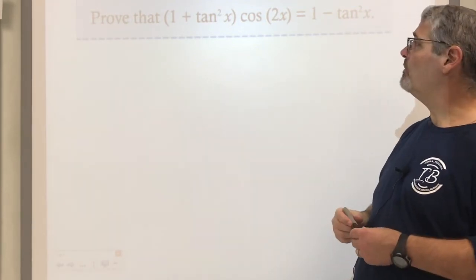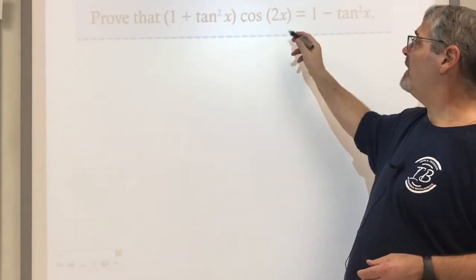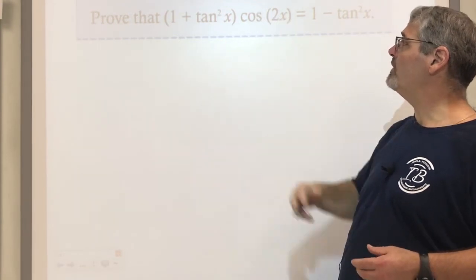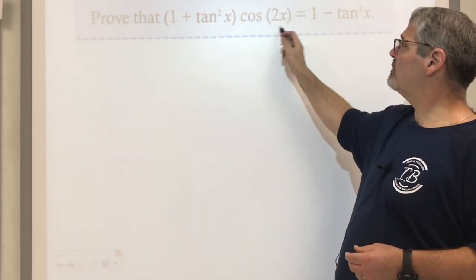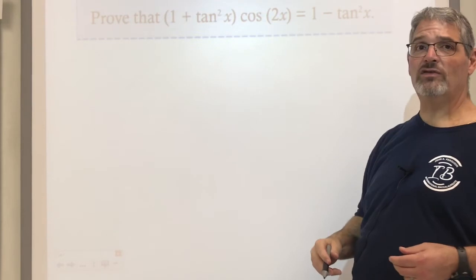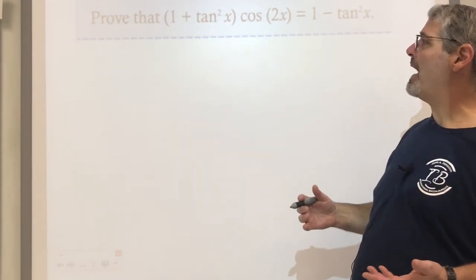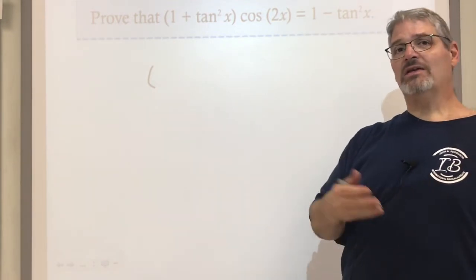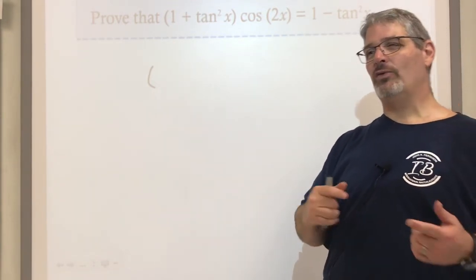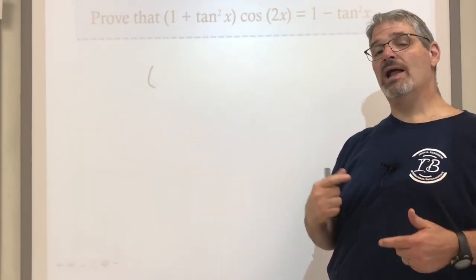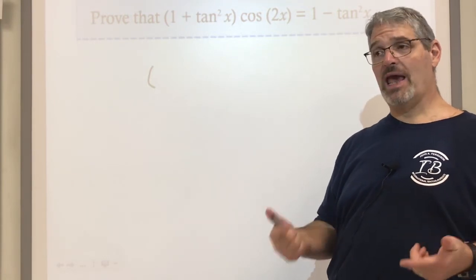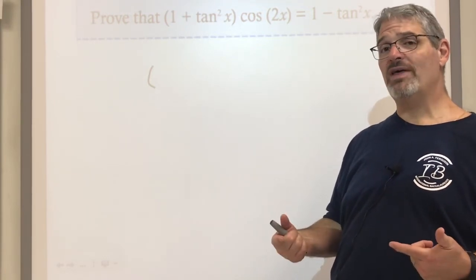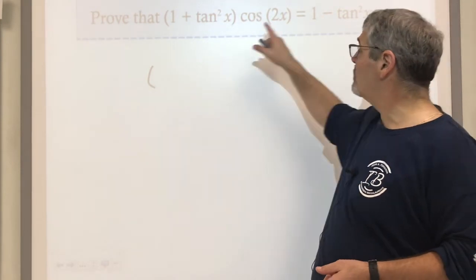Okay? So the first thing I want to do is figure out here the cosine 2x. And here I'm going to use, and sometimes this is a trial and error process. Sometimes you use one for cosine and realize maybe it would have been better. Not that it can't be solved. It can be solved with any one of them. It's just harder to make this look like this.